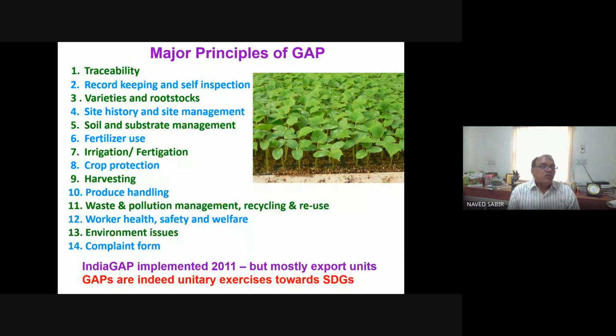But when you have a legally bound system with the good agriculture practices, then there is an agreement between the producer and the retailer. The retailer will give the farmer the conditions: you produce in such and such way, then only I will buy from you. Otherwise, how a farmer is producing and what he is spraying, nobody is bothered. People are bothered, but they cannot do anything about it.